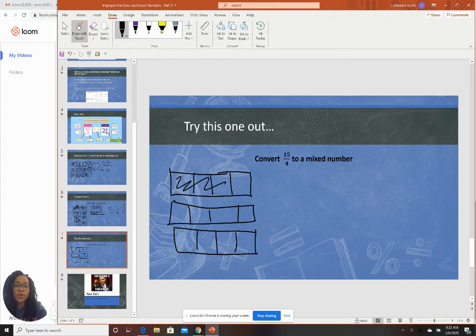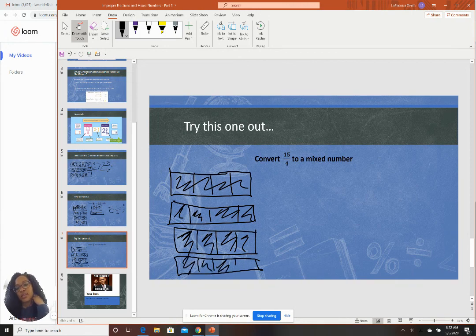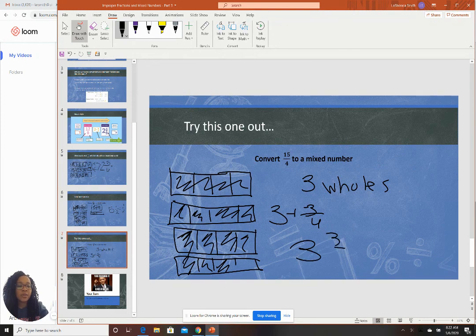Start counting. 4, 5, 6, 7, 8, 9, 10, 11, 12. Need one more. 13, 14, 15. So how many wholes do I have? 3 wholes. And what's my proper fraction? My proper fraction would be 3/4. So if I add that together, we have 3 and 3/4.